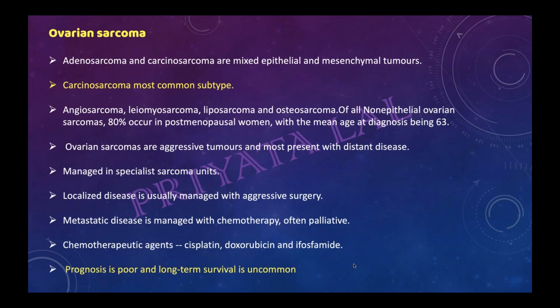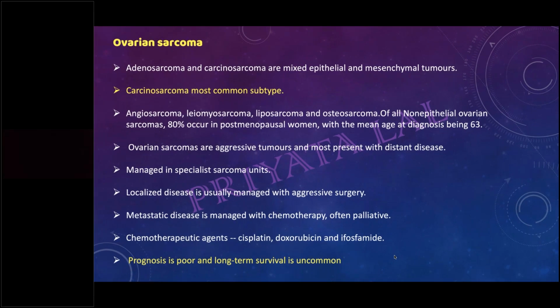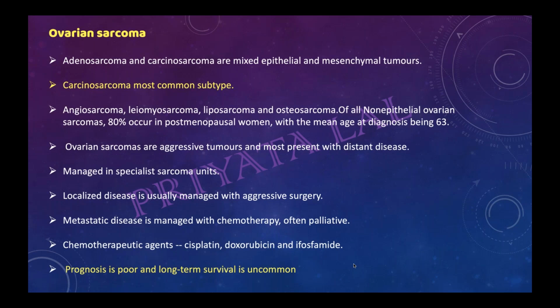The most important subtype you can get a question from is carcinosarcoma. 80% of these occur in postmenopausal women, and age at diagnosis is 63. So we just saw that the hypercalcemic type of small cell carcinoma had a median age of presentation of 24, very young patients. But ovarian sarcoma, these are old women with a median age of 63.